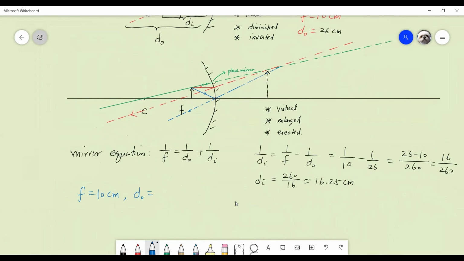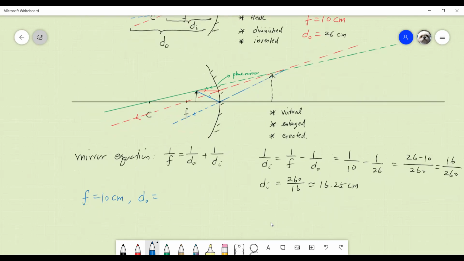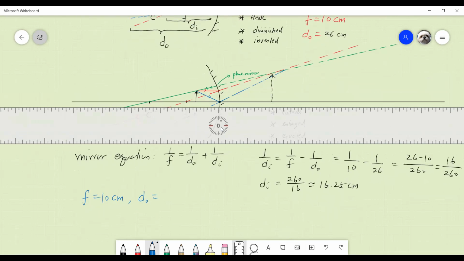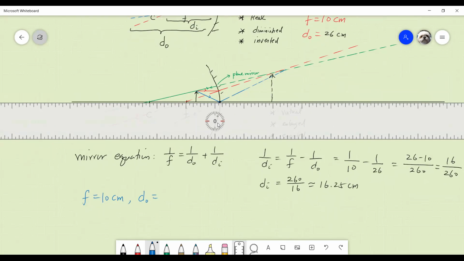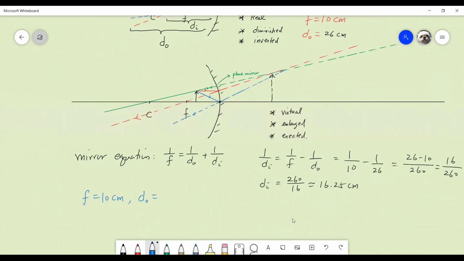Now, what does do look like? We can approximate that. It really doesn't matter as long as it is less than f. I'm going to use the ruler to measure that. 1, 2, 3, 4, 5, 6, 7, 8, 9, 10. This looks like, I would say, 7, approximately.